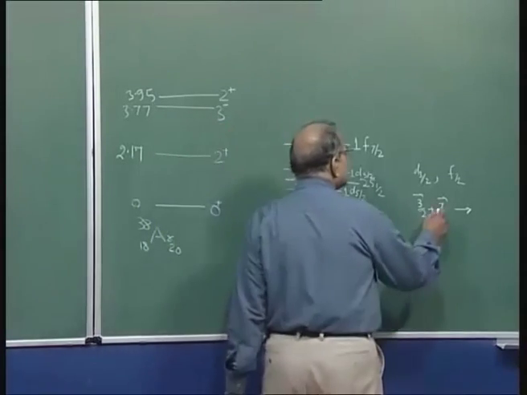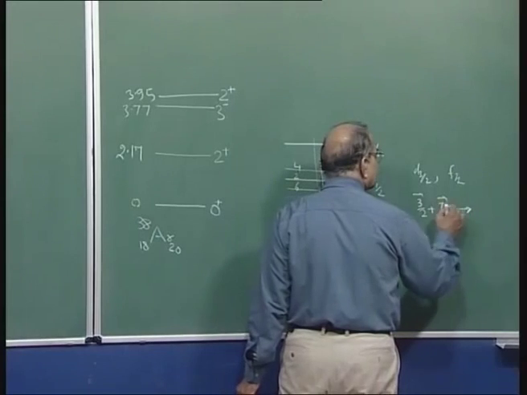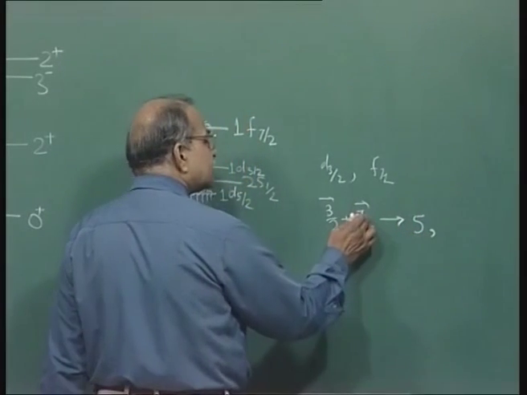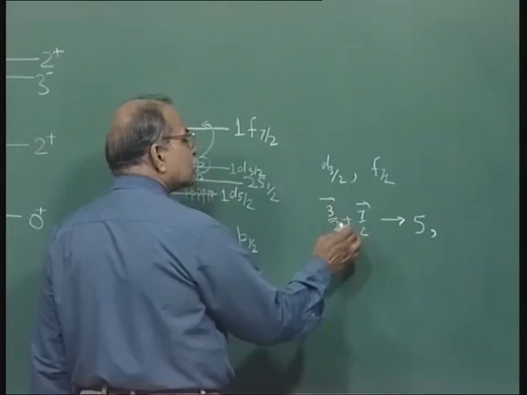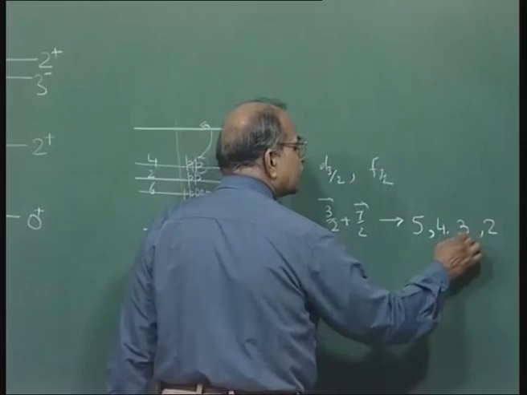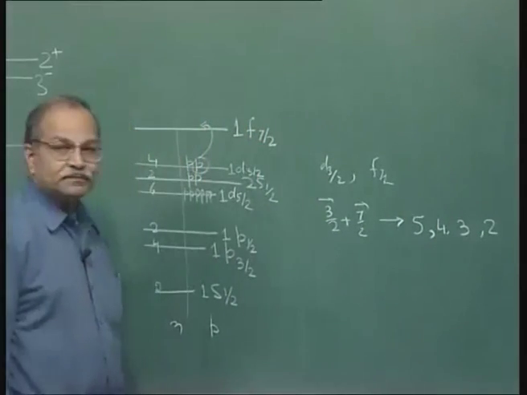So, 7 plus 3 is 10, so this is 5, and 7 minus 3 is 4, so it is 2. So, 5, 4, 3, 2.